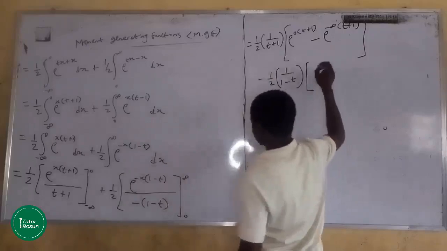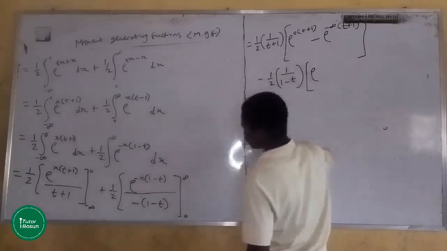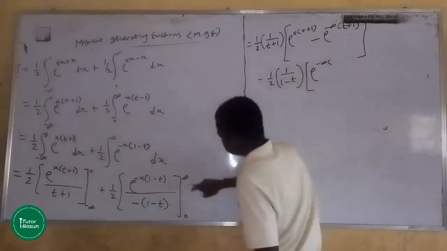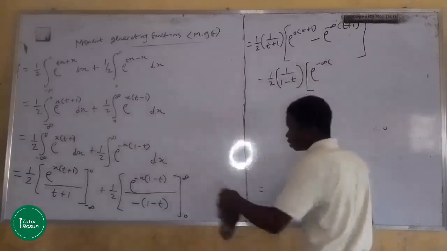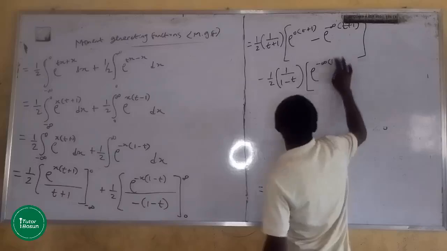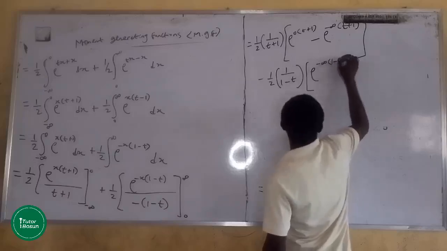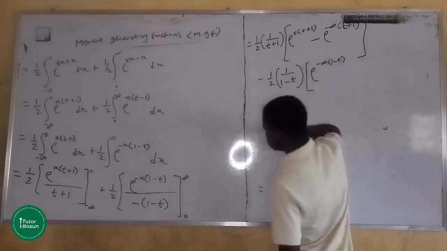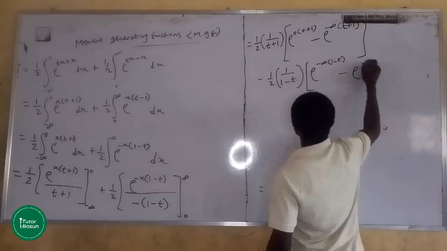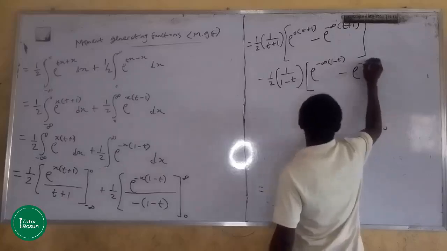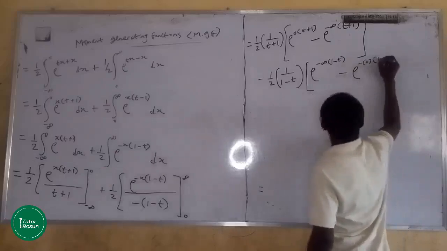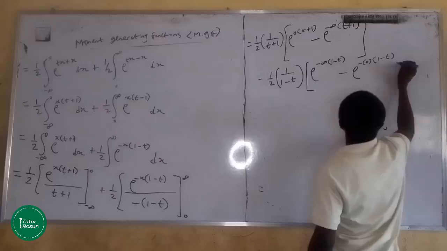So here we have exponential minus infinity, because that is minus x, and we introduce infinity, it becomes minus infinity into 1 minus t, minus exponential 0 into 1 minus t.